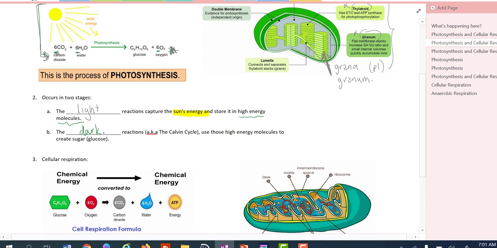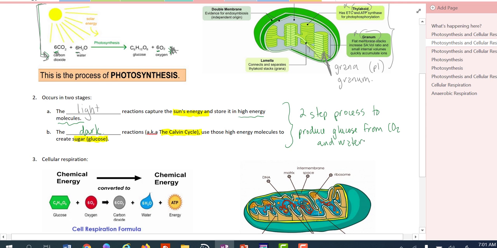Light's not required in this part. It's more commonly referred to as the Calvin cycle. And here's where the chloroplasts use those high energy molecules to create our sugar, or glucose. So essentially, we have a two-step process to produce glucose from carbon dioxide and water.